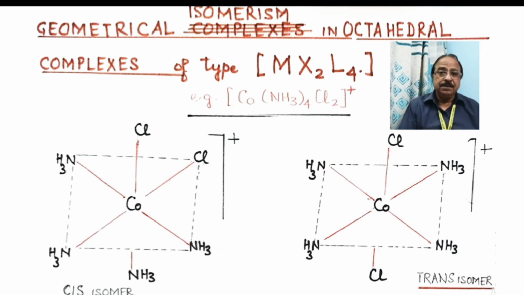Right? In the first diagram, the two chloride ligands are present adjacent to each other, close to each other, and the remaining four ammonia molecule ligands are present on the other remaining four positions. So this is the example of a cis isomer. In the second figure, you have a look. The two chloride ligands are present opposite to each other.